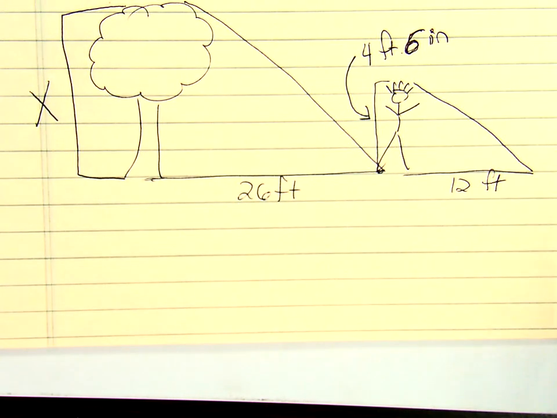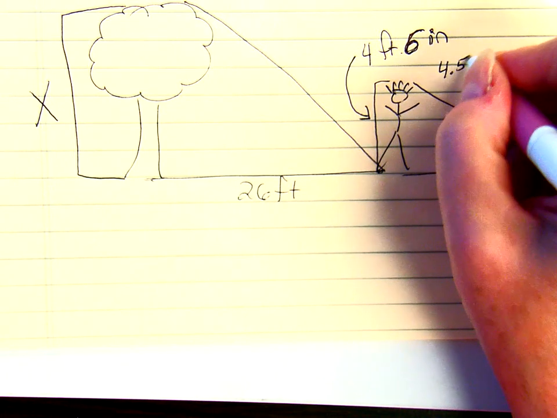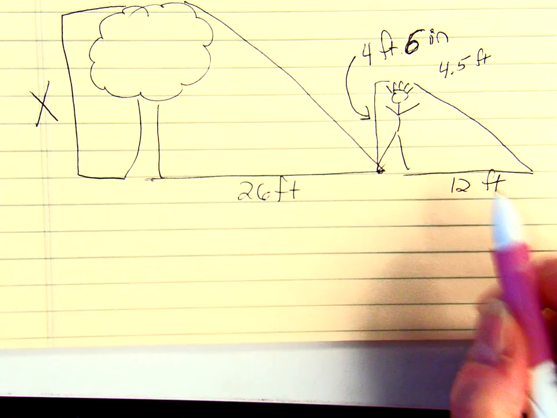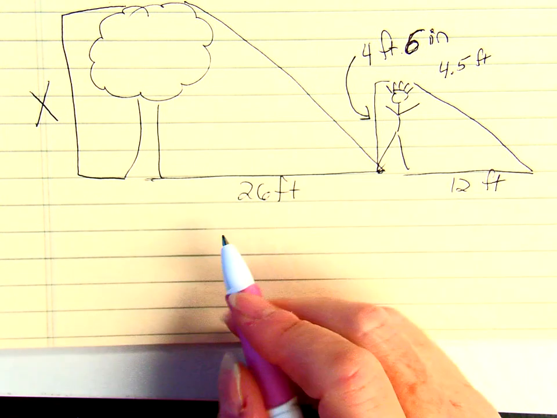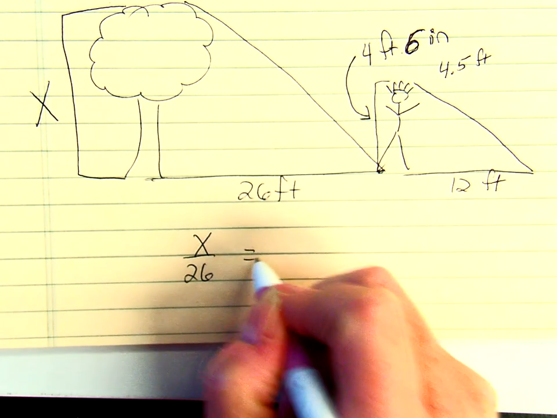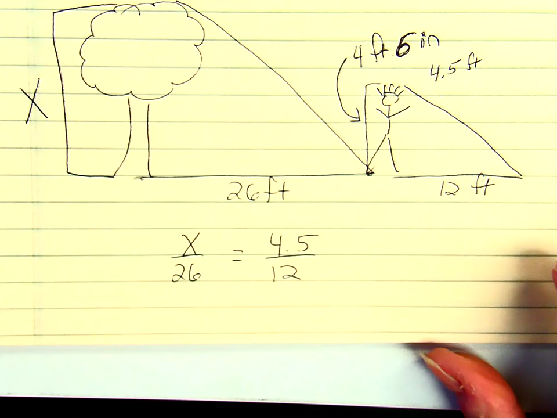So we're going to use that 4.5 feet. Okay, 4 feet 6 inches is 4.5 feet. We'll set up our proportion. I'm going to go X over 26 is equal to 4.5 over 12.